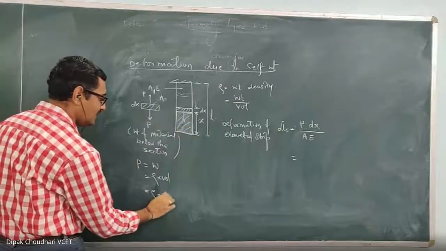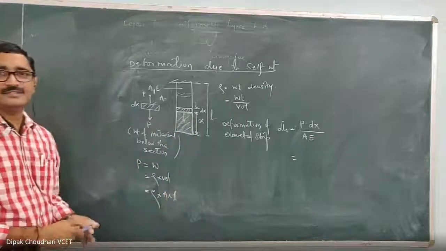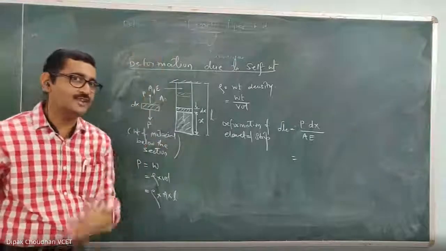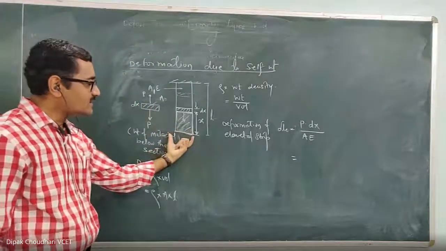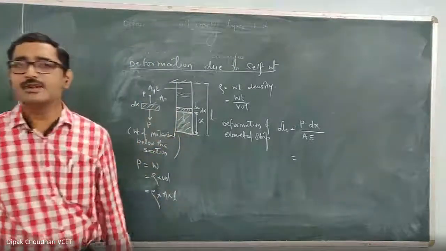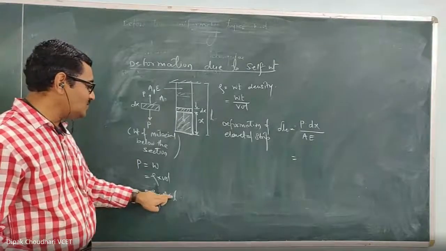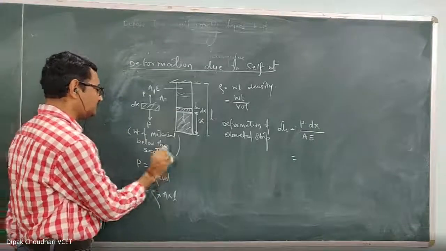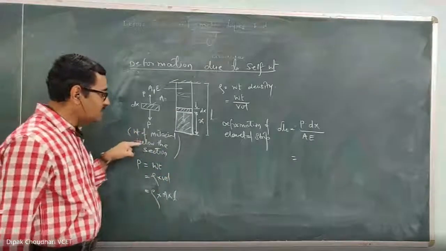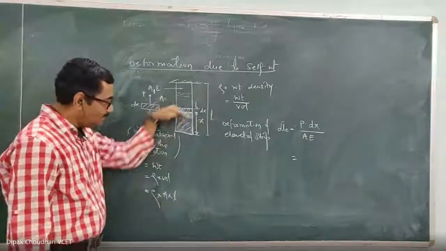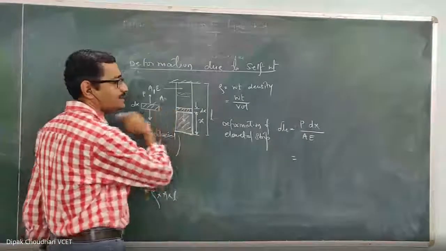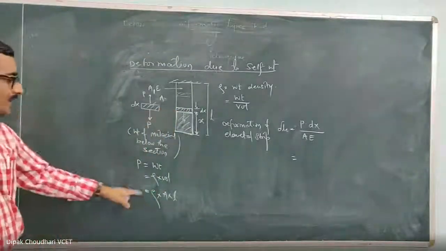It is cross-sectional area into length, because it is a uniform cross-section. So P equals rho into A into L. Which weight? The weight below the section, not the total weight, because only this weight acts on this particular elemental strip. So P equals rho A L.